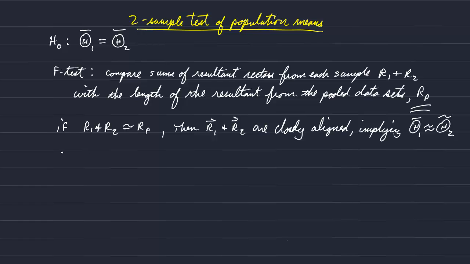So alternatively, if R1 plus R2 is a lot greater than Rp, then that's a good indication that the two resultants are oriented differently.